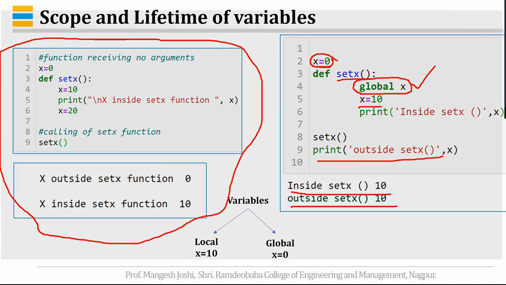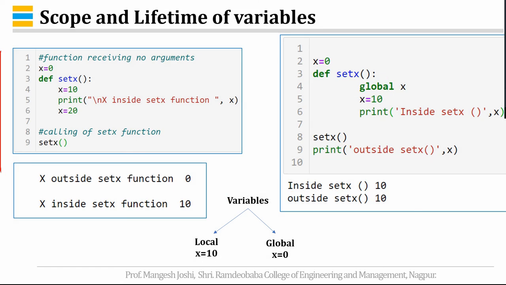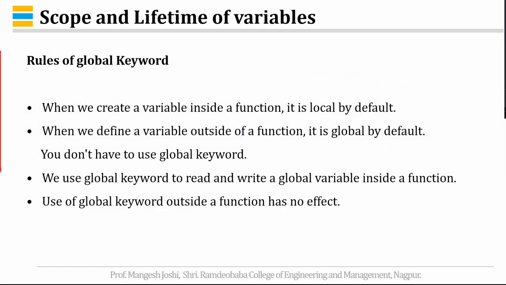Now there are certain rules for global variables. When we create a variable inside a function, it is local by default. We have seen this in the example. When we define a variable outside of a function, it is global by default. We have also seen this. This is the x equals 0 case, and this is the x equals 10 case.